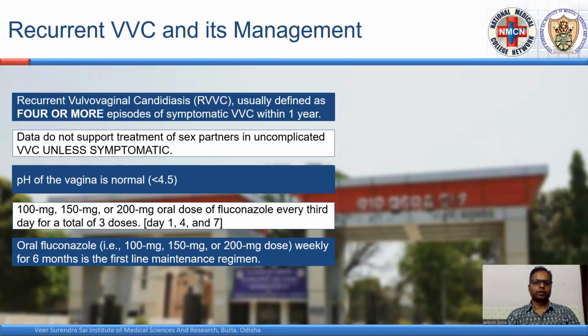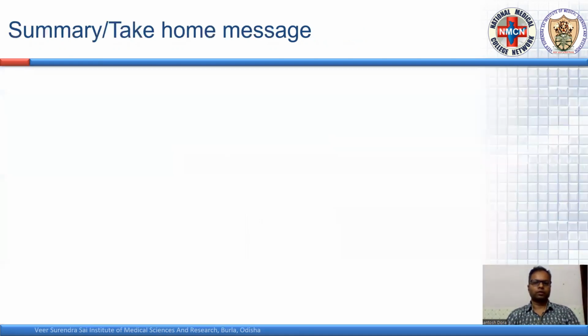Here fluconazole, either 100 mg, 150 mg or 200 mg, can be used on day 1, day 4 and day 7. In cases with increased chances of recurrence, oral fluconazole can be given weekly for the next 6 months to prevent any recurrence.